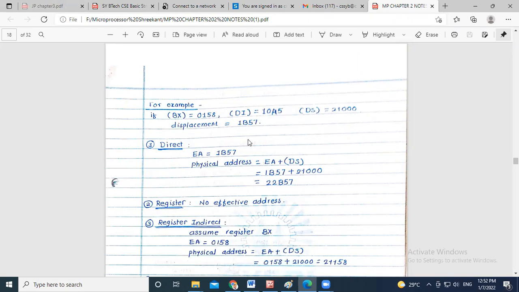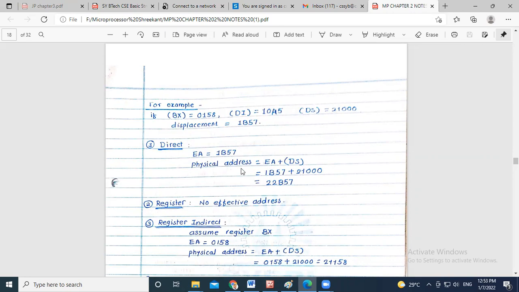Displacement is 1B57. For the direct addressing mode, the effective address is the displacement, which we take directly. So the effective address is 1B57, as given in the question paper.